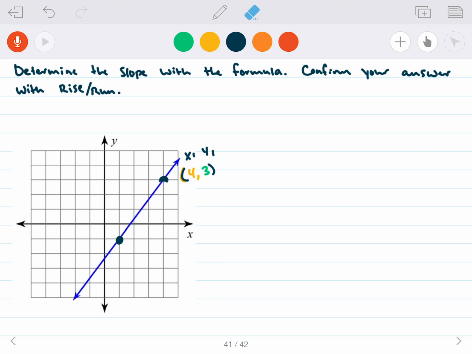Now what about our second point? Now our second point is down here, so I go positive 1 in the x, negative 1 in the y, so that is at positive 1, negative 1, and that can be our x2, y2.